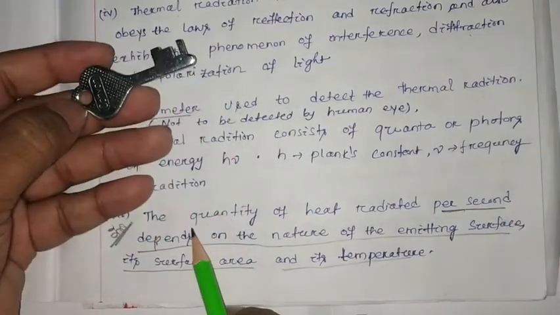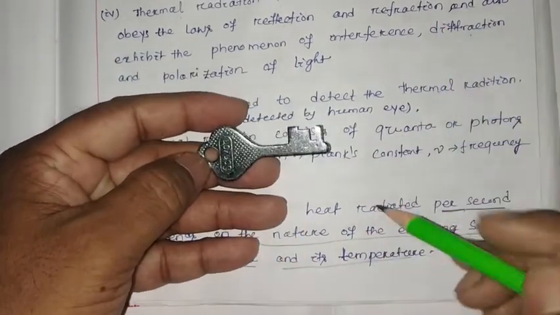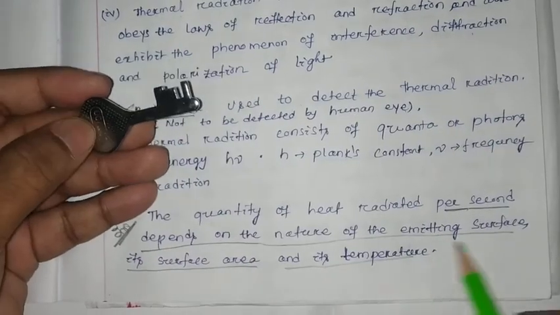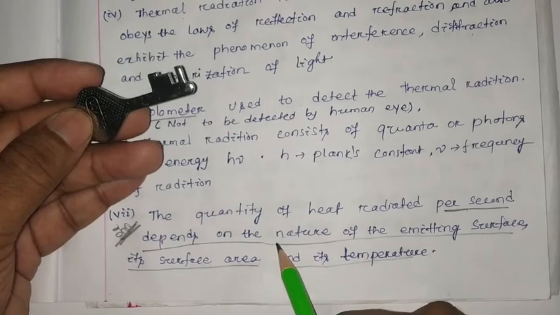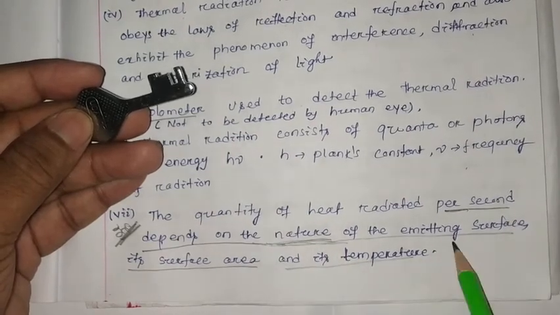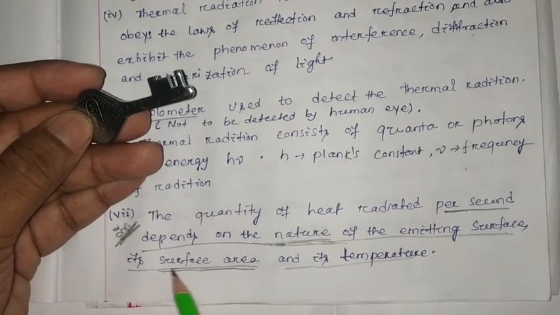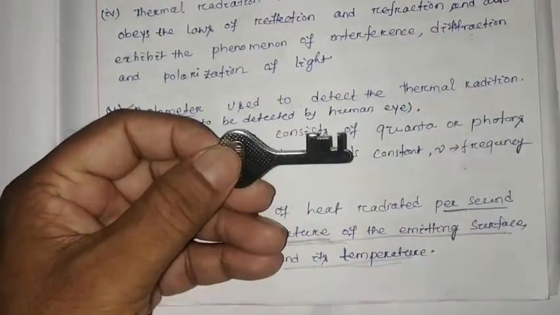So the quantity, that means the amount of heat radiated per second by a body, depends on these three parameters, which you must always remember: the nature of the substance or emitting surface, its surface area, and its temperature. Suppose this is your metal.